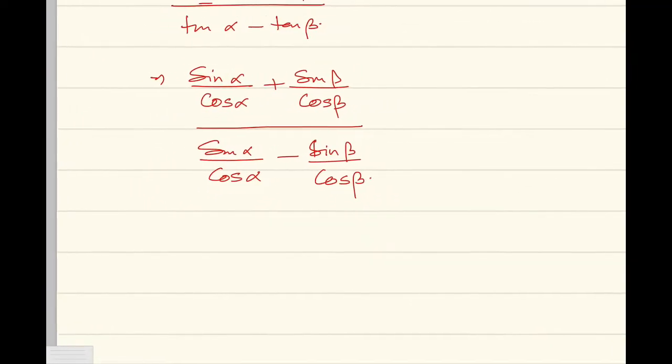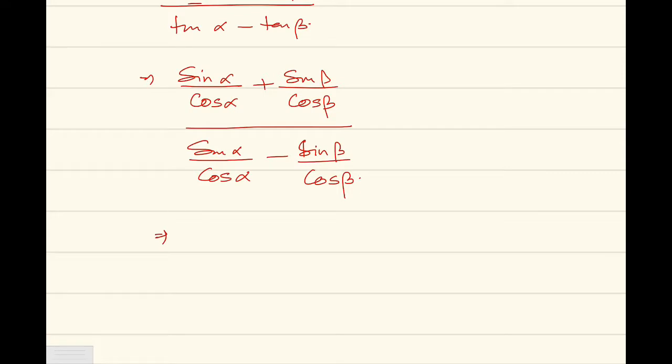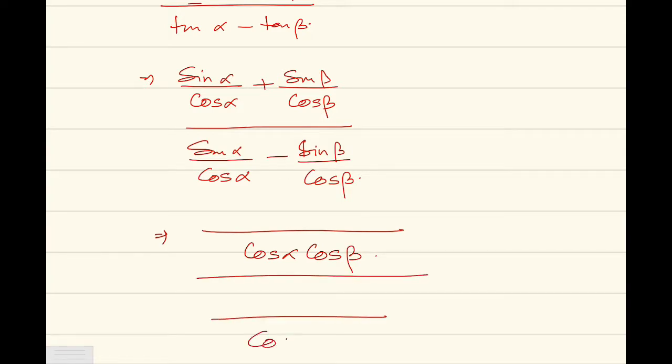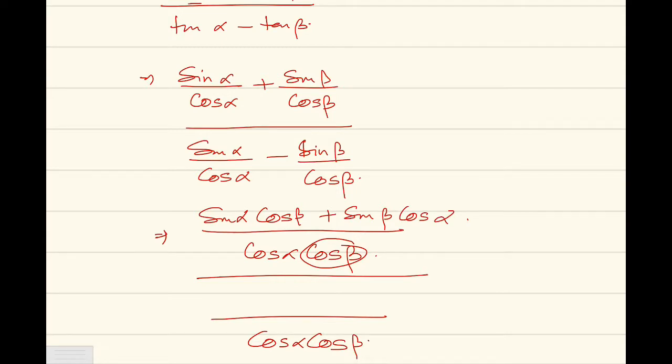Let me do it here itself. That gives me the LCM, cos alpha cos beta, in the numerator, and similarly in the denominator as well I have cos alpha cos beta. So sine alpha is already present there. From here cos beta goes up, so we'll get cos beta plus sine beta cos alpha, correct? How come? Because for the LCM it needs to be divided by the denominator.